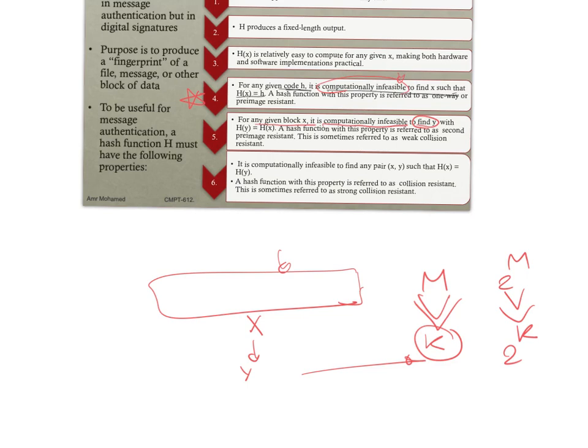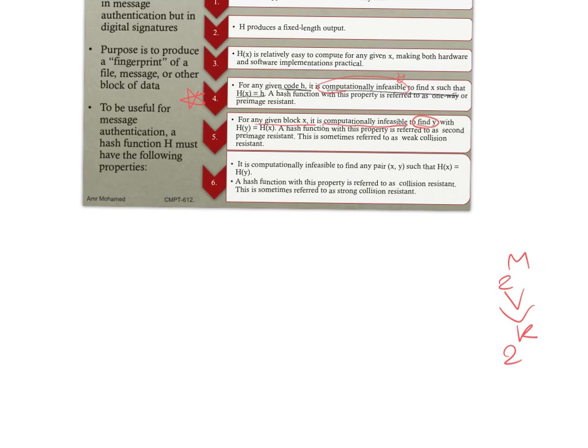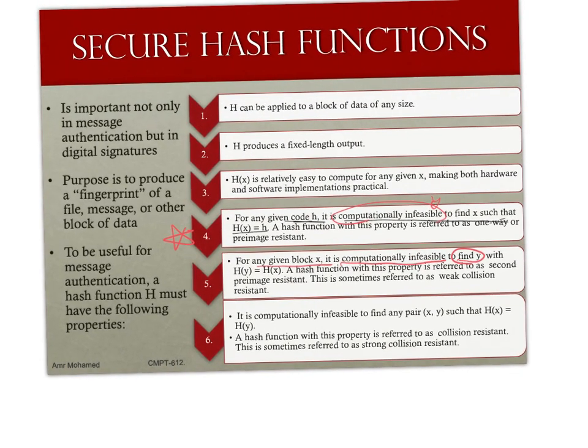So the difference between this condition or this property and this property is that here I don't give you X. Can you in fact have any two messages, X and Y?